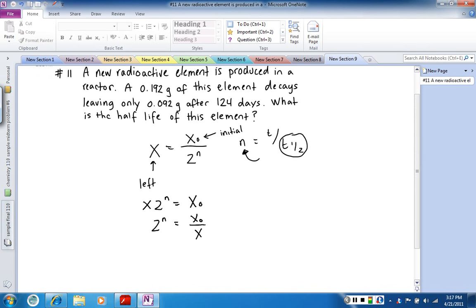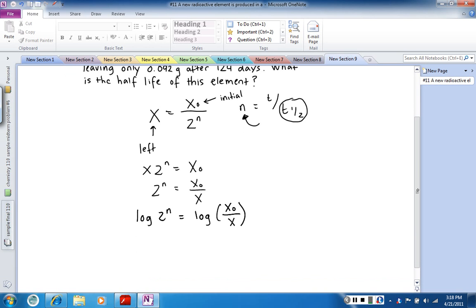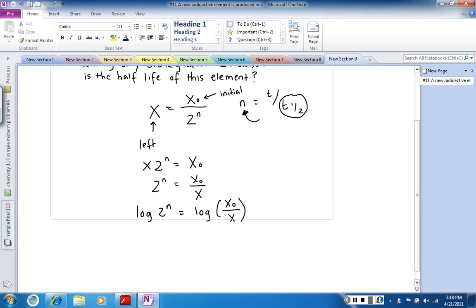The way you get that n out of the exponent is to take the log of both sides. So we'll take log of 2 to the n, and have to take log of the other side, which would be x naught over x. That n now becomes a coefficient in front of the log.